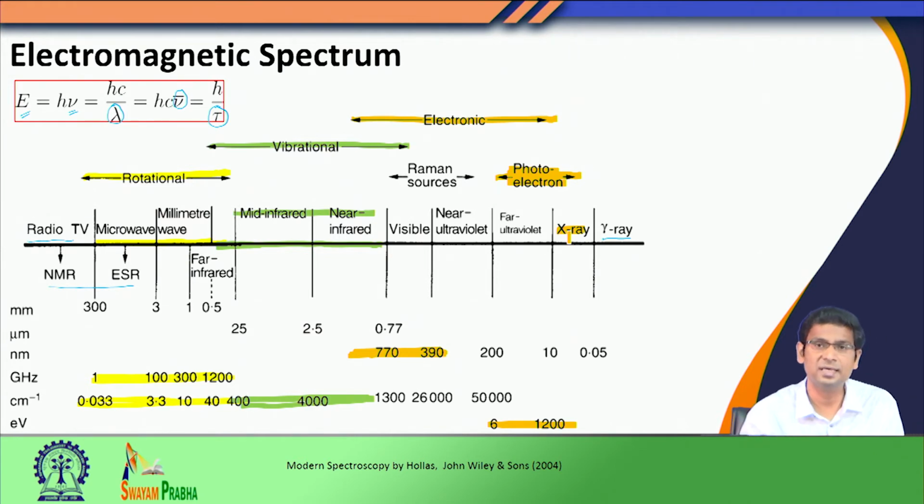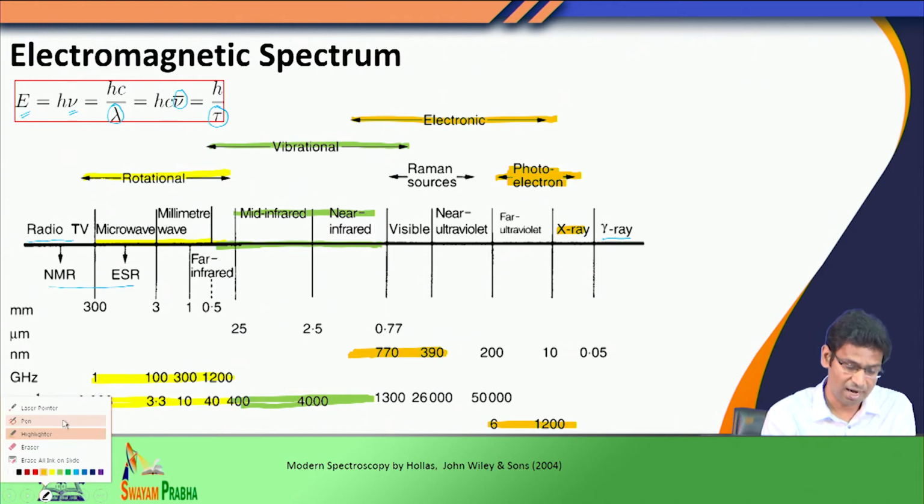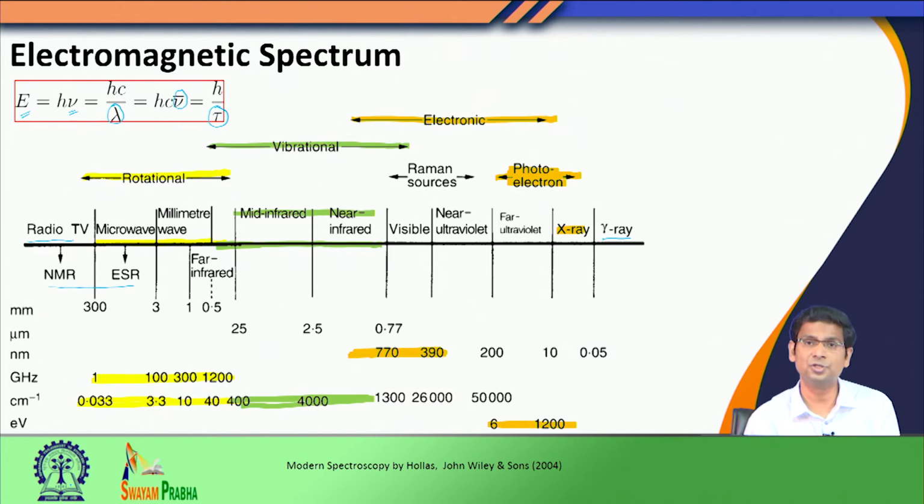So, this electromagnetic spectrum gives us a wide range of possibilities to do spectroscopy depending on what we want to achieve, whether we want to only rotate the molecule, or vibrate the molecule, or change the electronic arrangement of the molecule, we will take a different source of radiation.